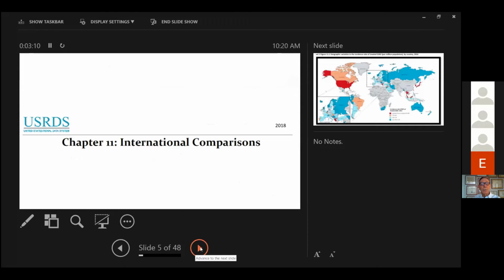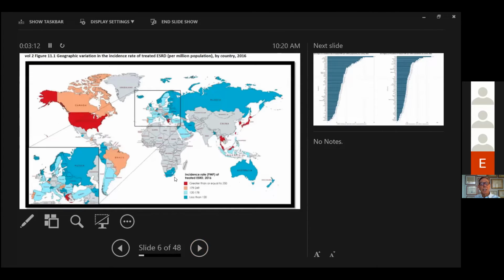The international comparisons from the USRDS are shown here from data from 2016, and you'll see the only country in Africa that they have data from is South Africa.